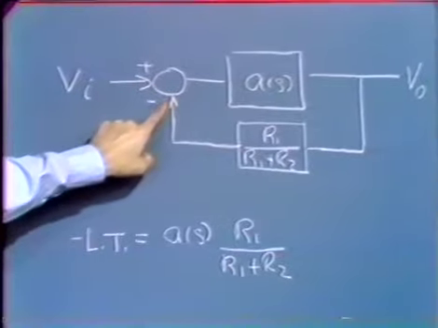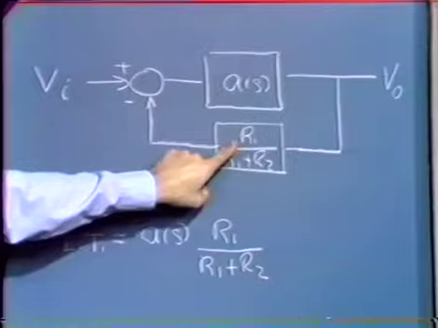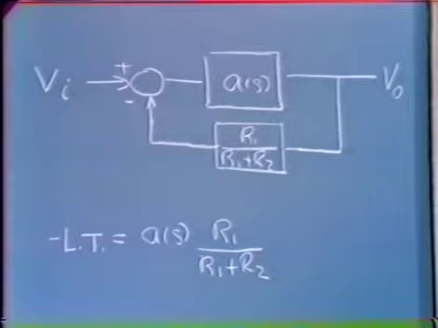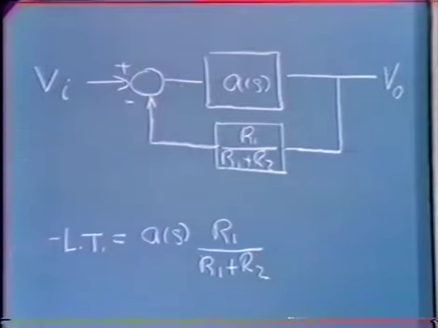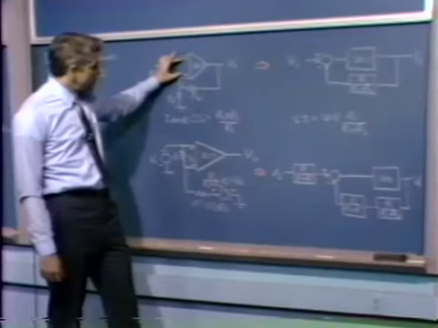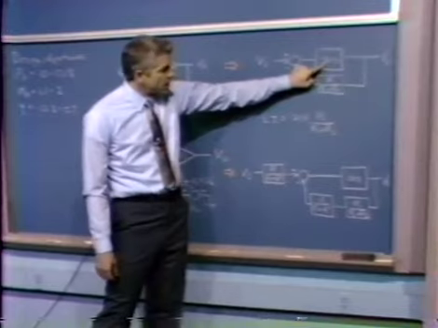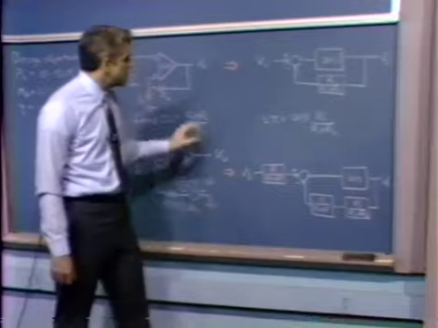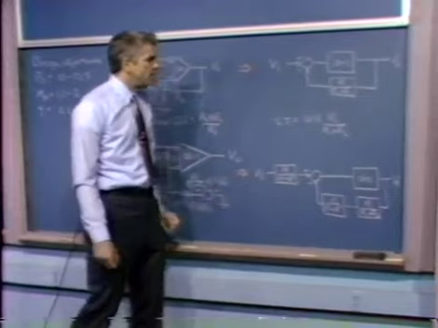An input, from which we subtract a fraction of the output voltage, in particular a fraction dependent on the ratio R1 over R1 plus R2, simply the attenuation ratio of this network. The difference between those two voltages, the signal right here, is the differential signal applied to the input of the operational amplifier. That gets scaled by an amount A of S to generate the output voltage. So we get a very nice correspondence between the physical embodiment and the block diagram.